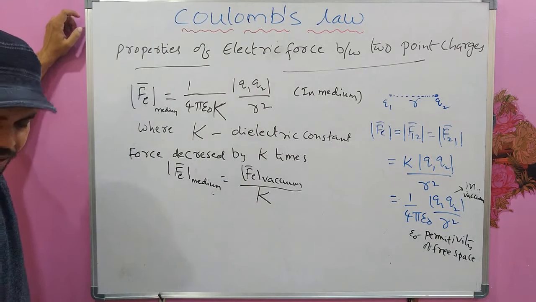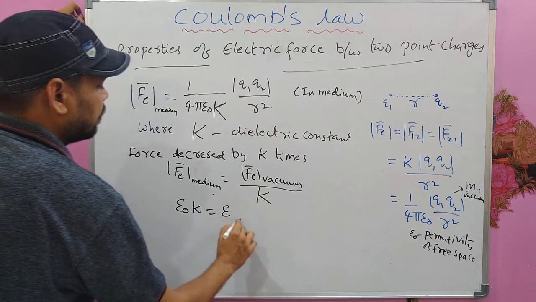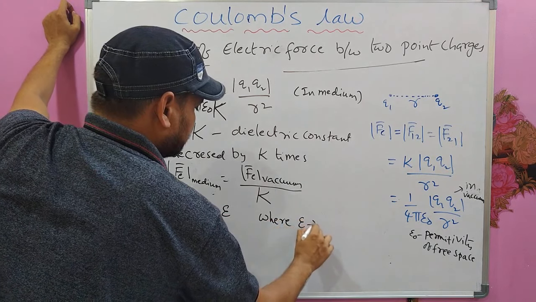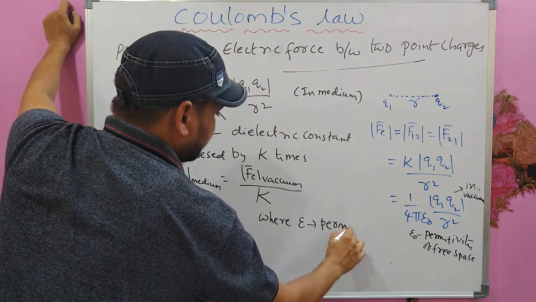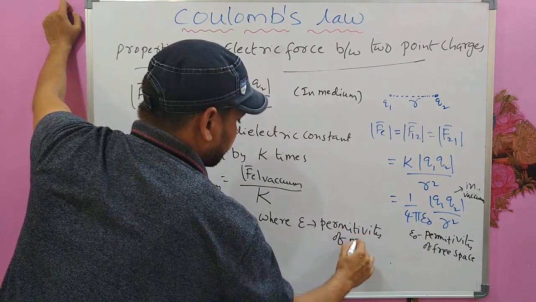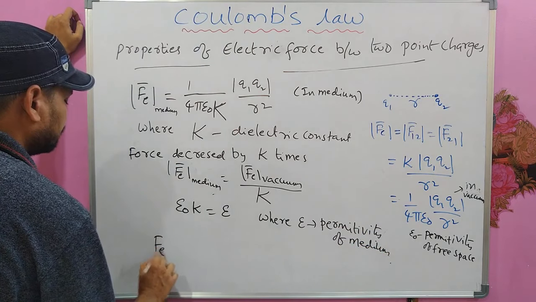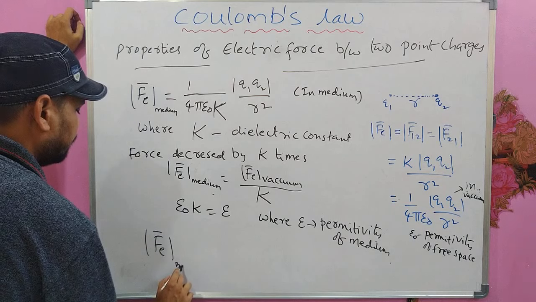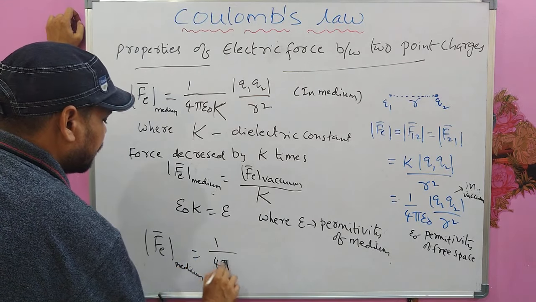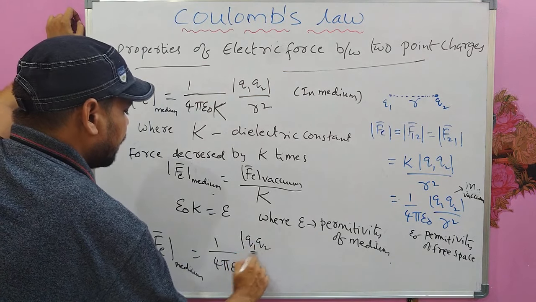And one more thing here we can write: epsilon naught K is epsilon, where epsilon is the permittivity of medium. So that we can write the force expression in medium as 1 by 4 pi epsilon Q1 Q2 by R square.